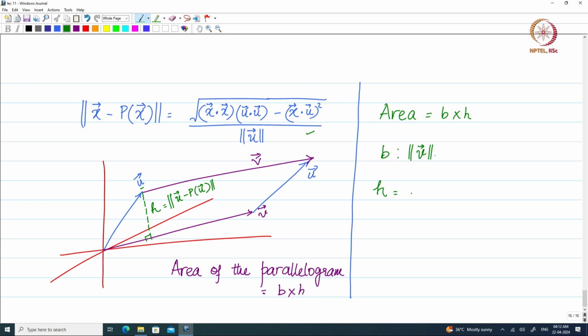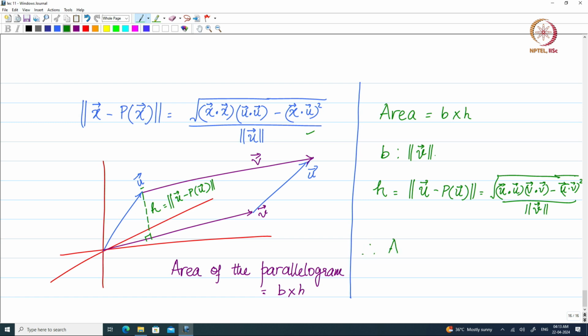So the height is the length of the vector u minus the projection of u along the direction of v, which is given by the square root of u dot u into v dot v minus u dot v the whole square, divided by the vector length of v. This is exactly what we have.